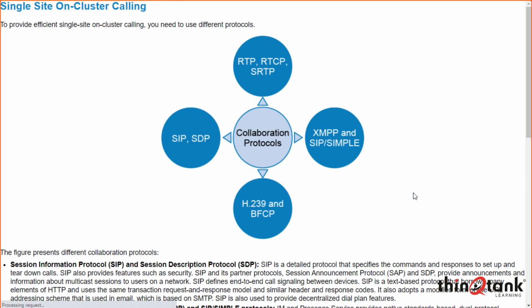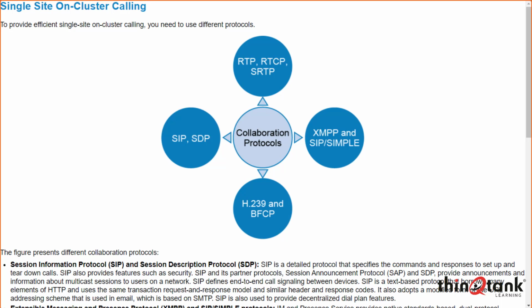All right. So now let's talk about what types of protocols are involved in the process of communicating if we have a single site on cluster calling, meaning that we're calling from phone to phone within a cluster. We're not sending the traffic over a trunk. We're not sending the traffic to the PSTN.